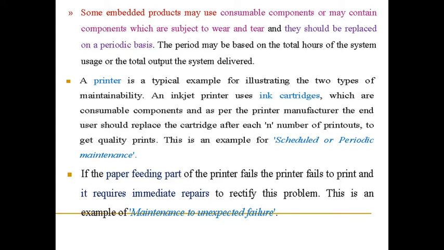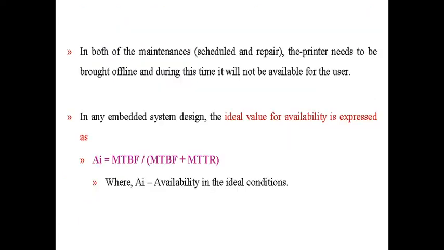The next part of our printer is the paper feeding part. If that part fails, it requires immediate repair or replacement to rectify that problem. This is an example of maintenance for the unexpected. In both of these maintenance types, scheduled and repair, the printer needs to be brought offline, and during this time it will not be available for the user.